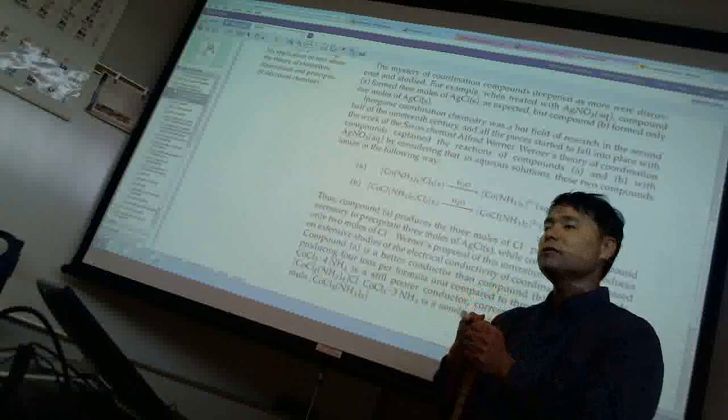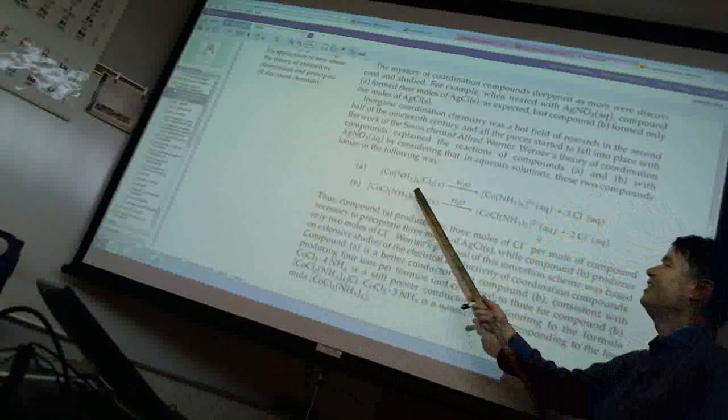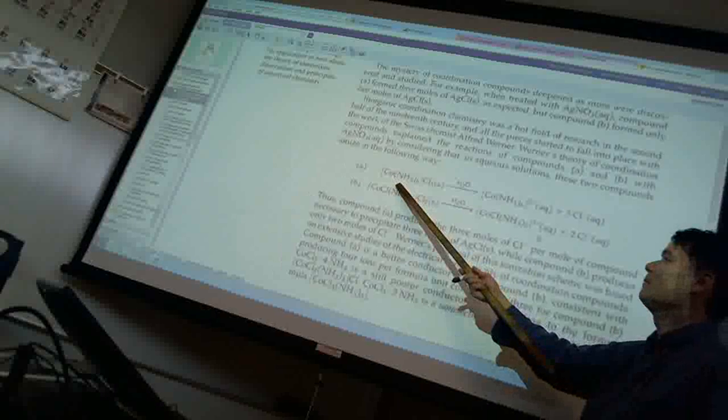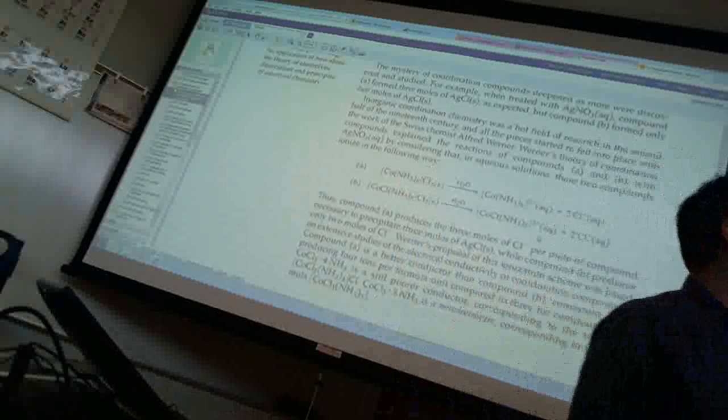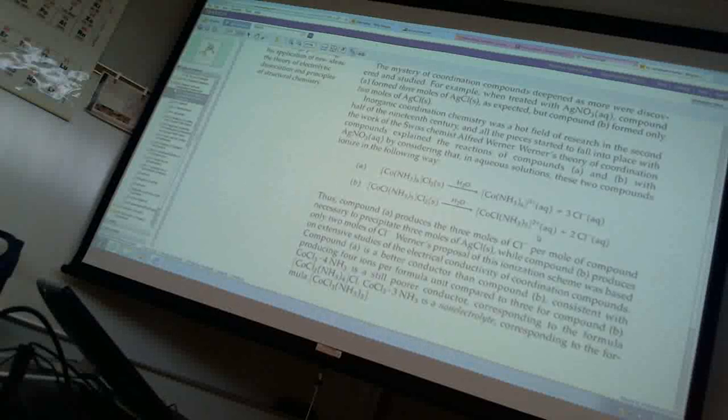How many ammonias can bond to a cobalt? 6 ammonia. What about the chloride? The chlorides are just held together by ionic bonds. And so now the crystal lattice is totally different. Now I've got this cobalt-3 here, and then I have these 6 ammonias actually bonded to it.